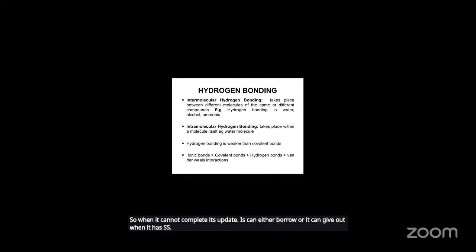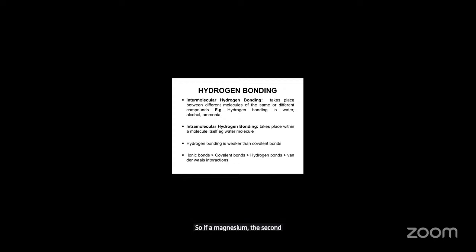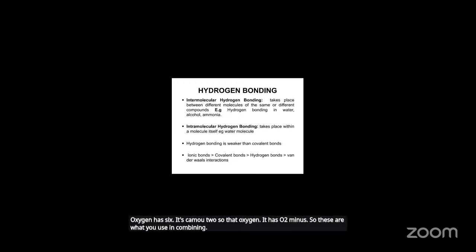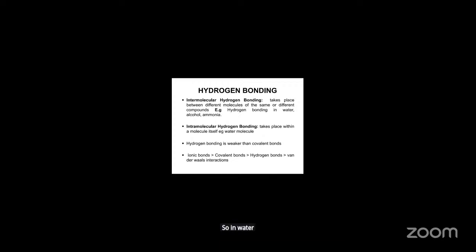In magnesium, the second energy level is complete, so we get to the third energy level, which has 2. So that 2 can easily be given out. That's why magnesium is Mg2+. Oxygen has 6. It can borrow 2. So that's why oxygen is O2-. So these are what you use in combining. In water, we have oxygen as 2- and hydrogen as 1, that's why water is H2O.